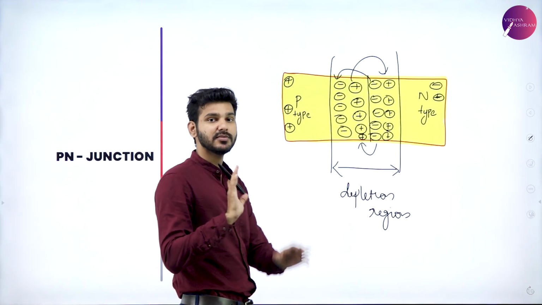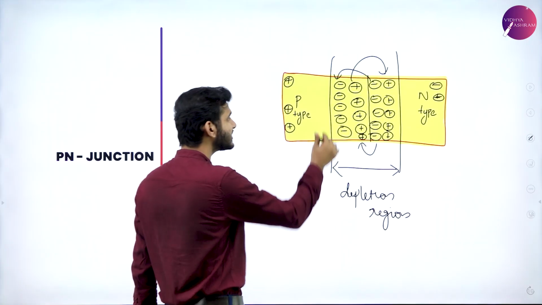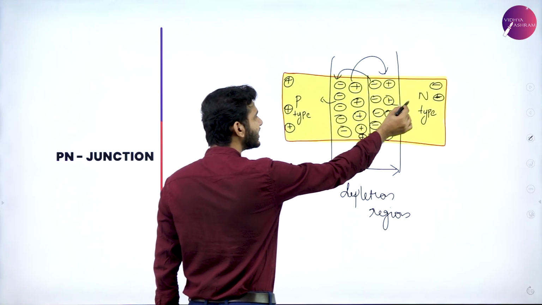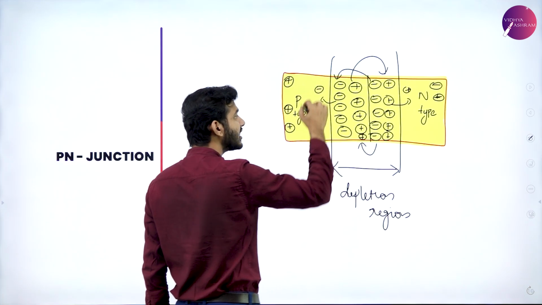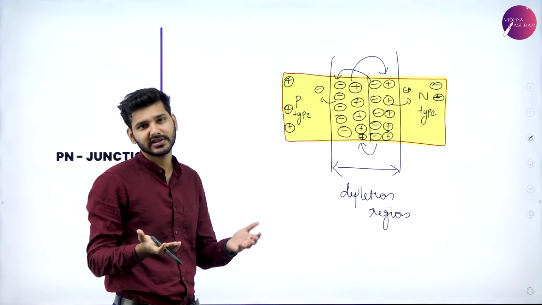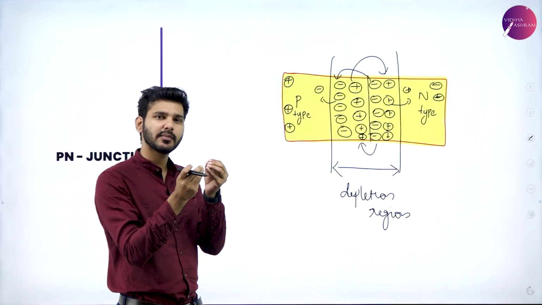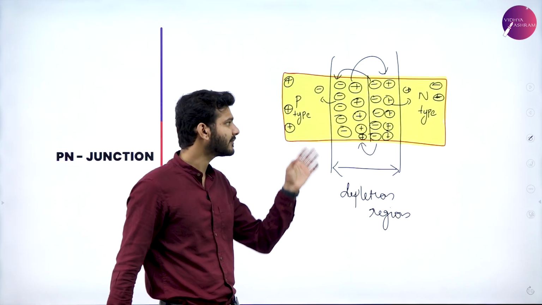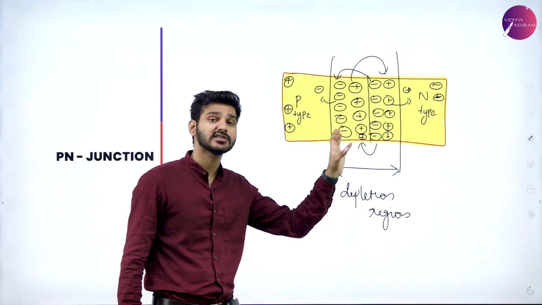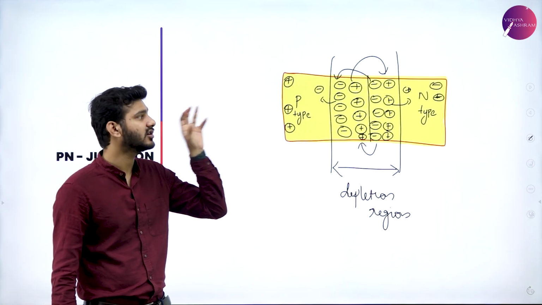But don't be mistaken, some of the charges might still creep through here and here. One positive charge might reach here, one negative charge might reach here. That is possible. That is a minority, a very small number of charges will escape the depletion region. That is very normal. But again, most of the charges won't be allowed to cross over.